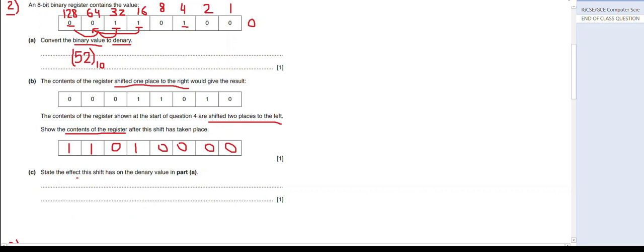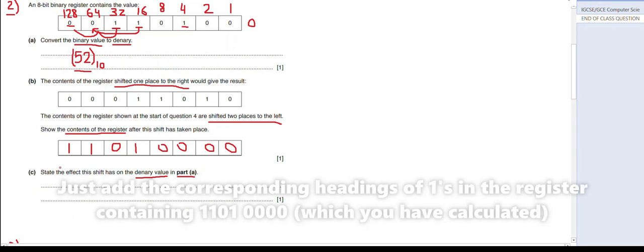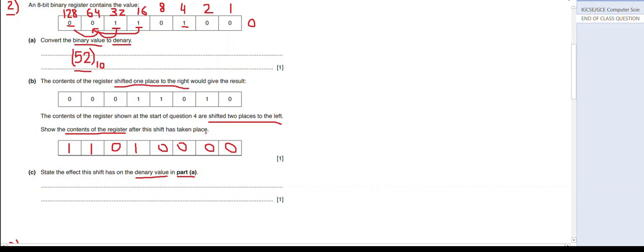Now state the effect this shift has on the denary value on part A. For example, in part A the value is 52. Now calculate the denary value of this new register after the shift has taken place.